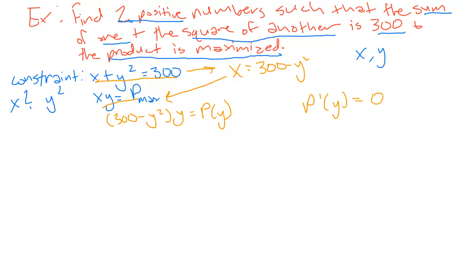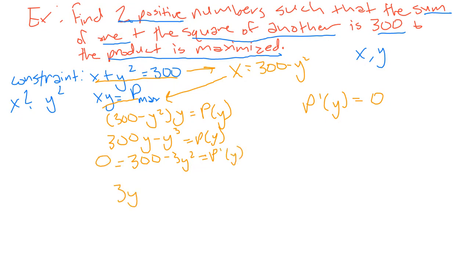So if we distribute this out, we can say that 300y minus y cubed is equal to p of y. Now if we take the derivative, we're going to get 300 minus 3y squared is equal to p prime. And we can set this equal to 0.